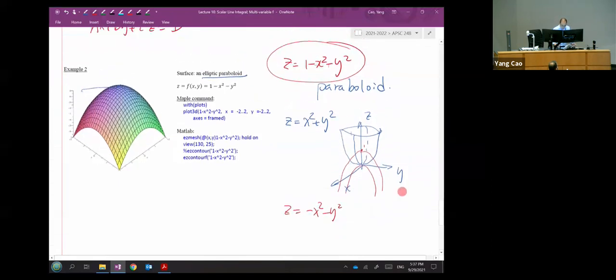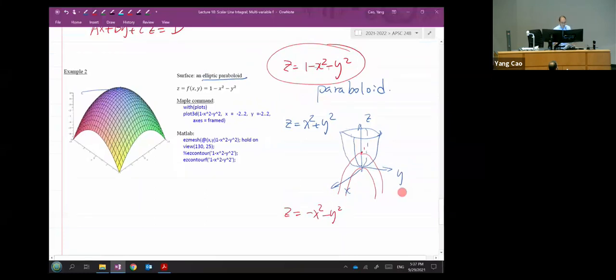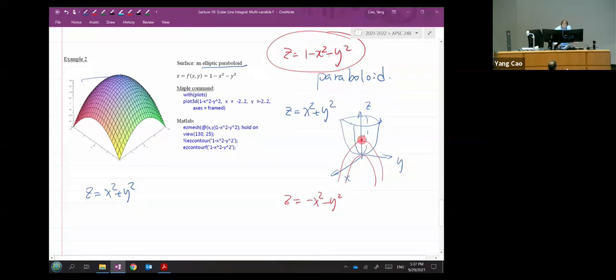Another thing, we'll come to that when we talk about contours. Let's pick either one of these. If I have z equal to x squared plus y squared, for example, this paraboloid, and then I let z equal to a constant c. So the blue one is this paraboloid, and now I'm letting z equal to c.